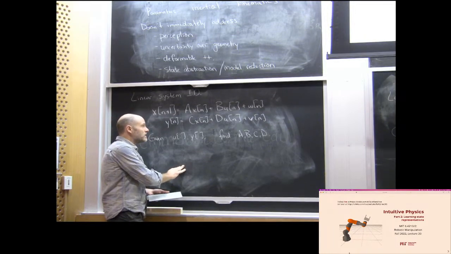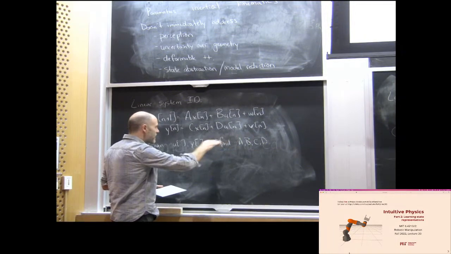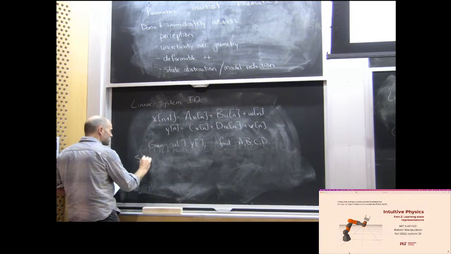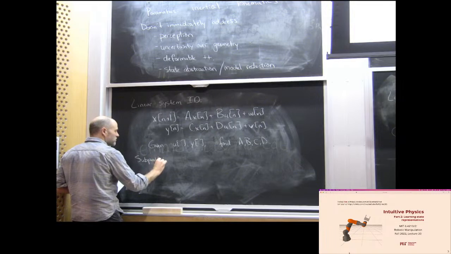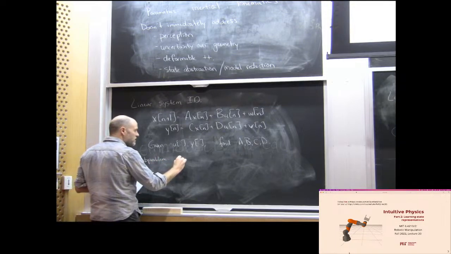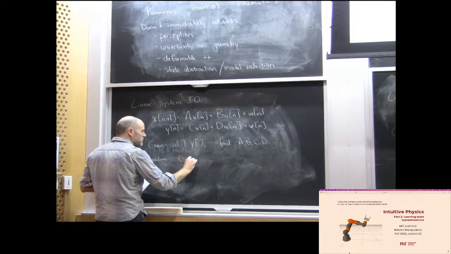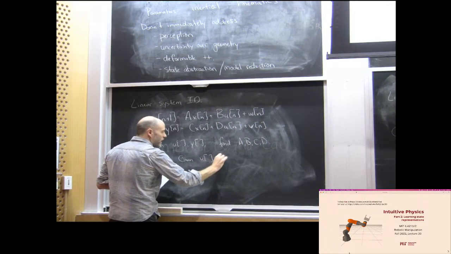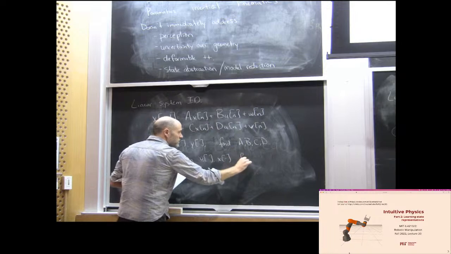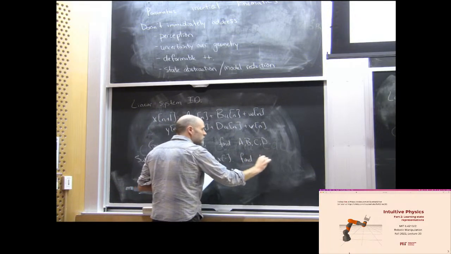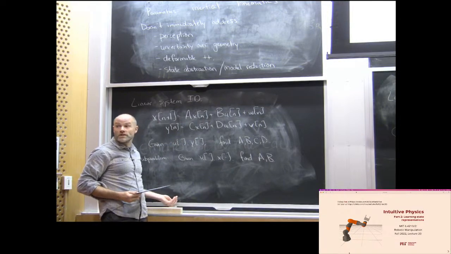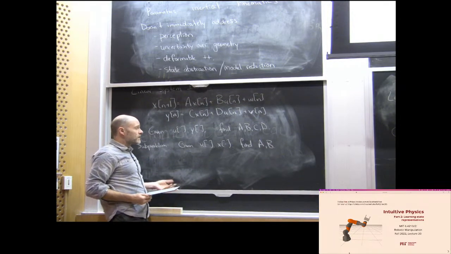Okay, so the analogy here would be, if I wanted to do the closest analogy to what we did in multibody, let's do a subproblem. Let's say, given U and X, find A and B. Okay, that's actually the closer analogy to what we did in the multibody.